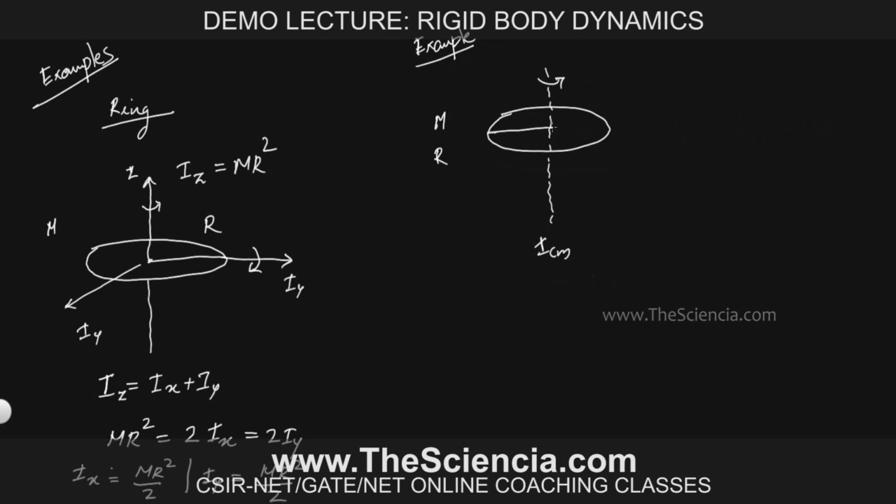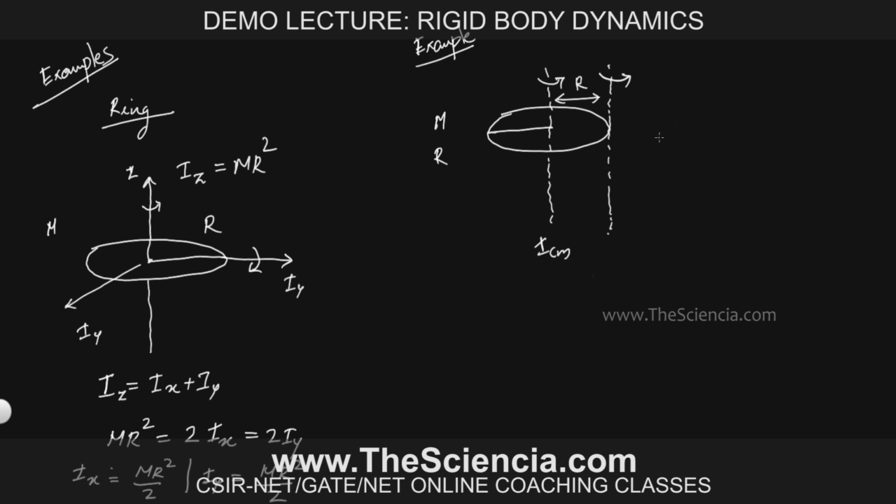Now we are shifting this axis of rotation to here. So this is radius r, this is radius r, and it is rotating about this axis.